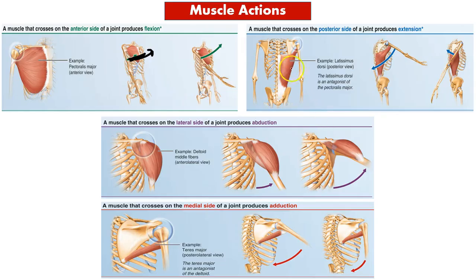Completely different muscle, the latissimus dorsi, okay? And that means that the latissimus dorsi is the antagonist of the pectoralis muscle because flexion and extension go hand in hand, just like we saw with the biceps brachii and triceps brachii. So you can go through these different actions as well in your book, and I think they're very helpful.